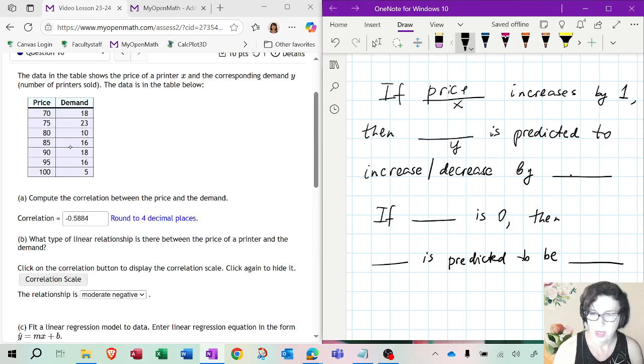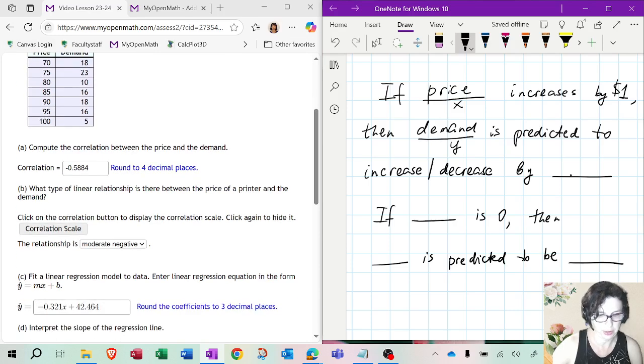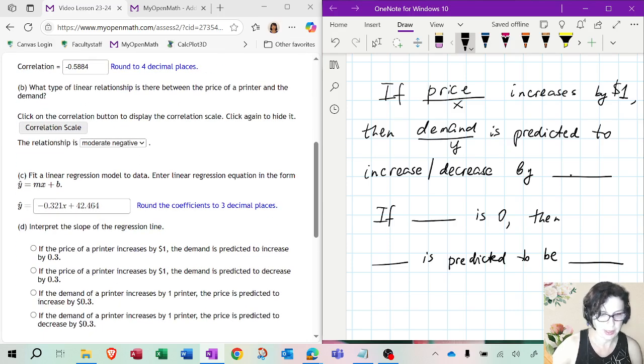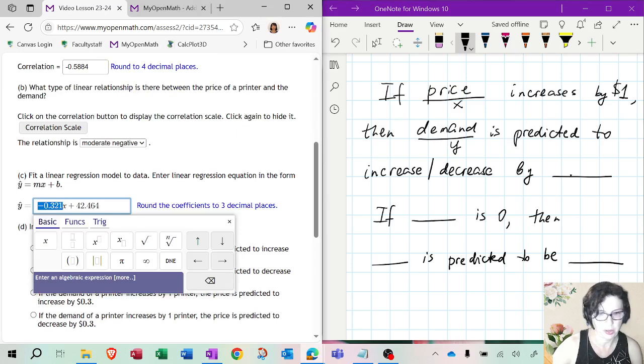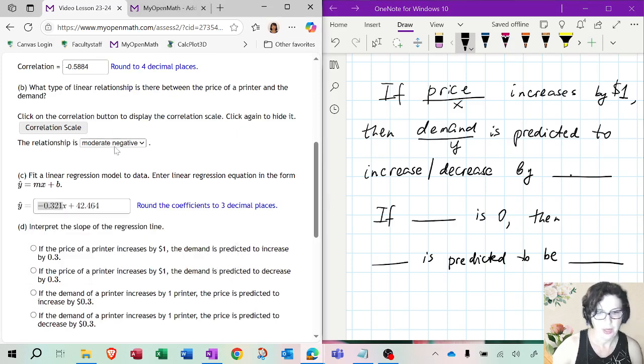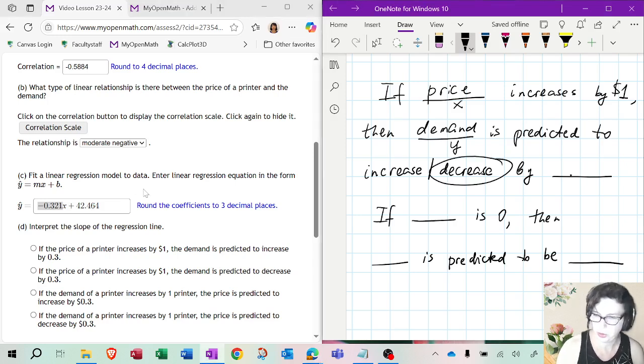So we're going to say if price increases by 1, that would mean $1, then y, which is the demand, is predicted to, now we have to decide, increase or decrease. Well, because this is a negative relationship, the correlation is negative, the slope is negative. We're going to say decreases by the absolute value of that number, so approximately 0.3.